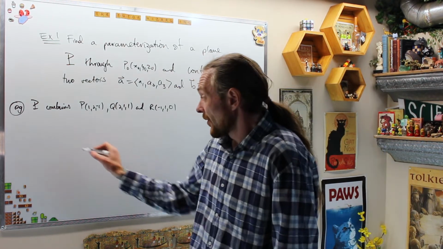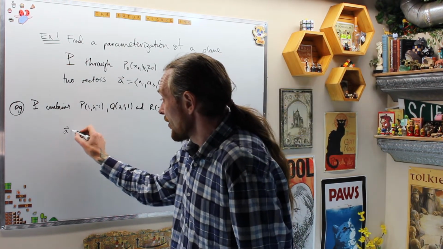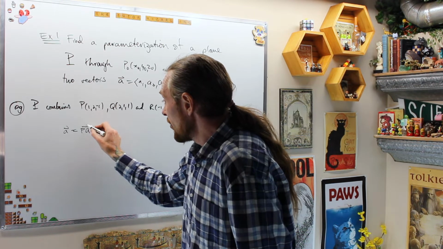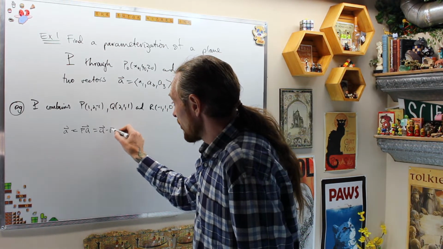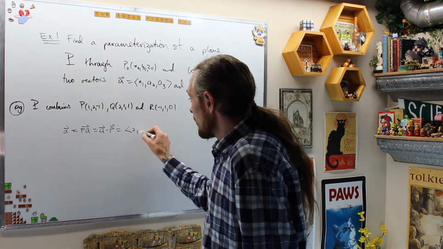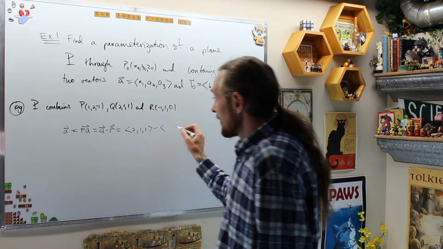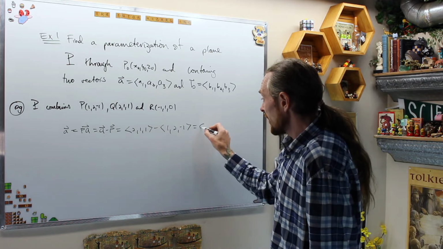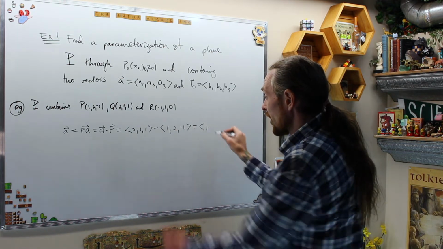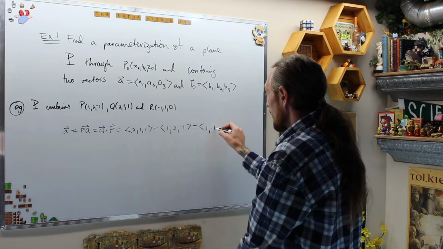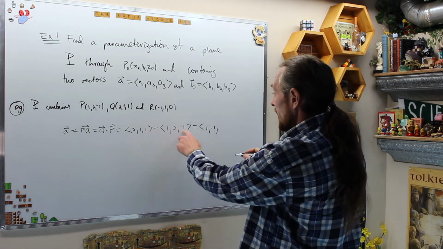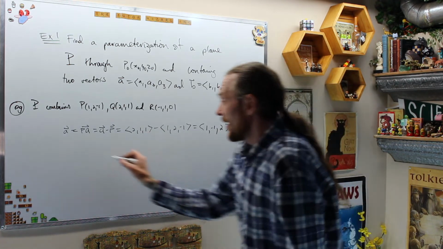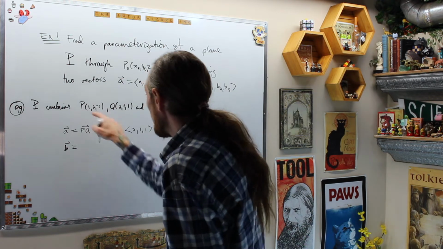First of all, I need two vectors, A, which is going to be PQ, which as vectors is Q minus P, which is going to give me 2, 1, 1 minus 1, 2, minus 1, which is going to be 2 minus 1 is 1, 1 minus 2 is minus 1, and 1 minus minus 1 is 2. And then B is going to be PR.